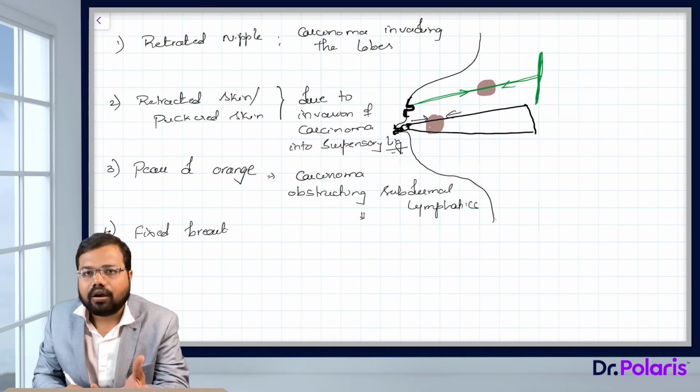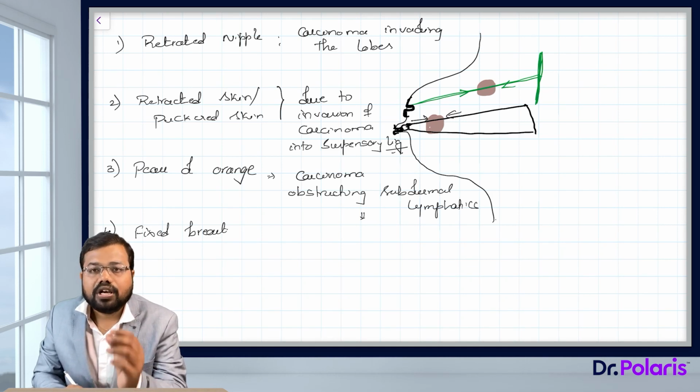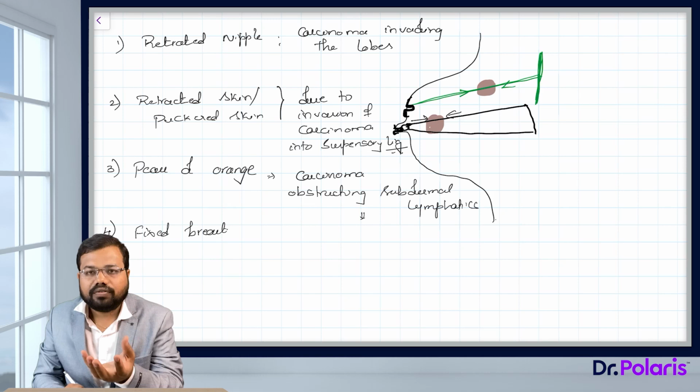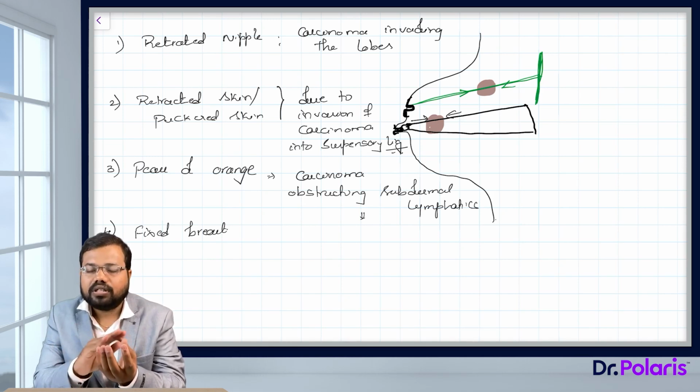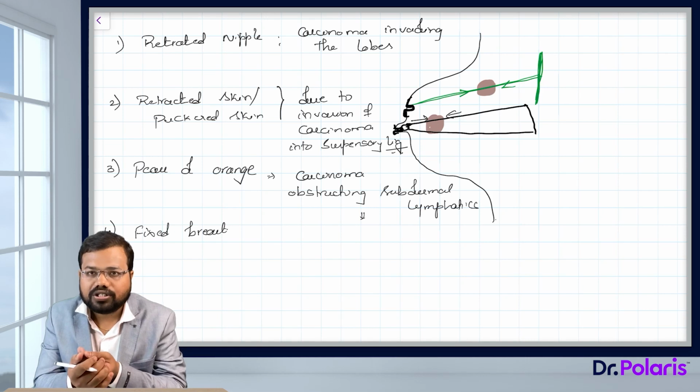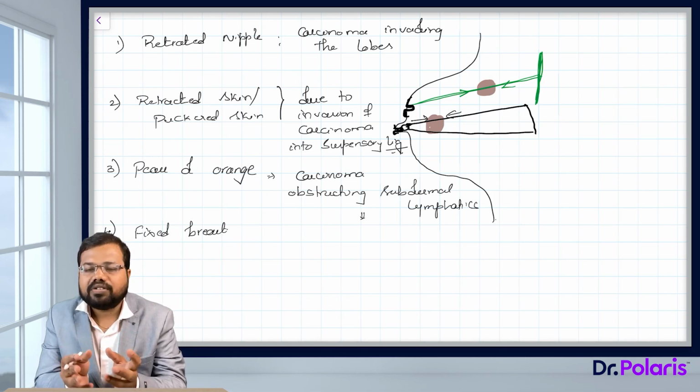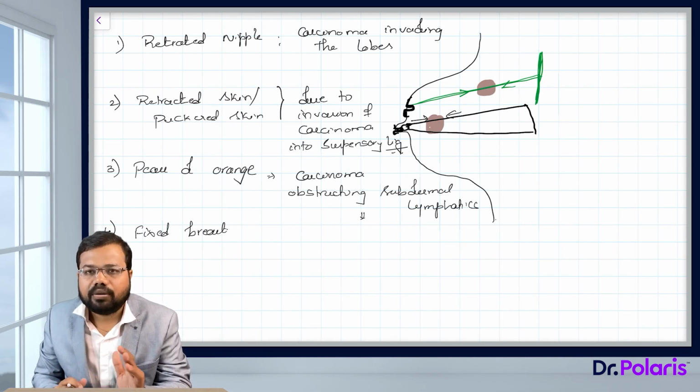Its appearance is like an orange. The breast appears like an orange, with small dots of yellow to orange color. That dot-like appearance is present due to the obstruction of subdermal lymphatics.